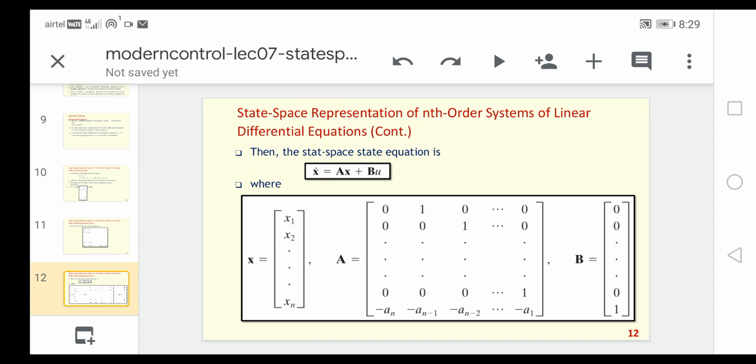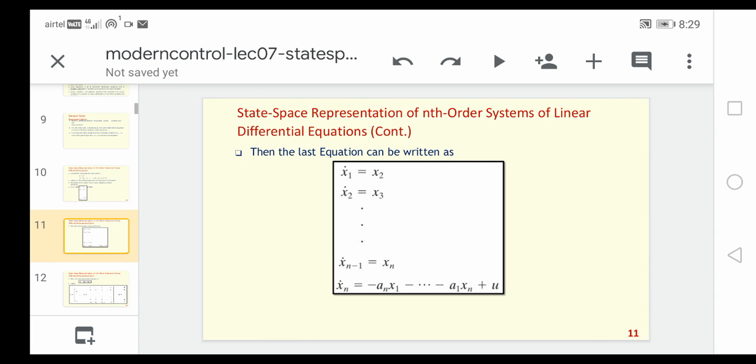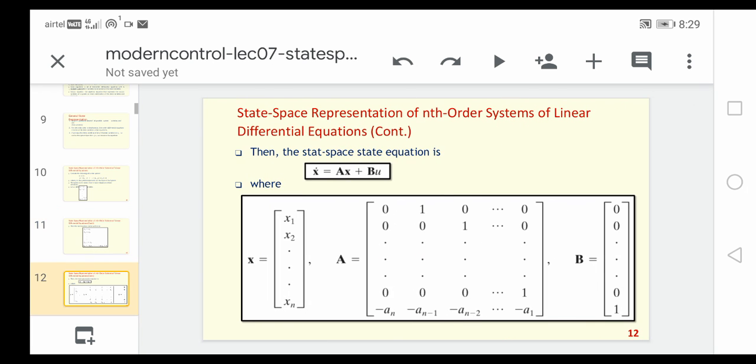How are we going to write the state equation x dot is equal to A x plus B u, consisting of the state variables x1, x2, and so on up to xn? In the A matrix, what is the coefficient in the first row? x1 dot is equal to x2, so all the remaining coefficients except that of x2 will be 0.